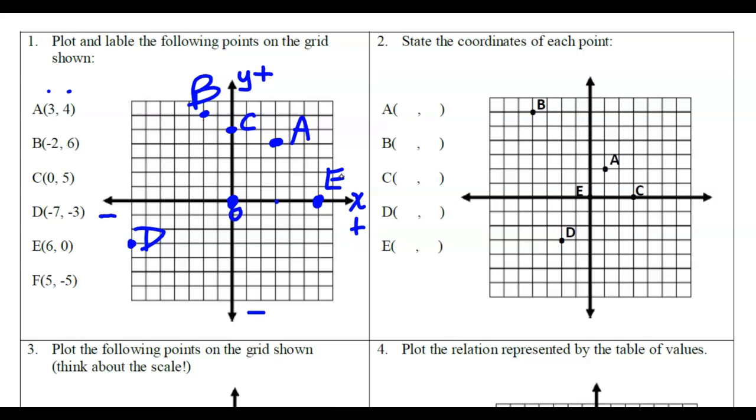Then 5 for x and -5 for y. So hopefully that makes sense to you. Positives to the right of the origin, negatives to the left. Positives vertically upwards, negatives vertically downwards.